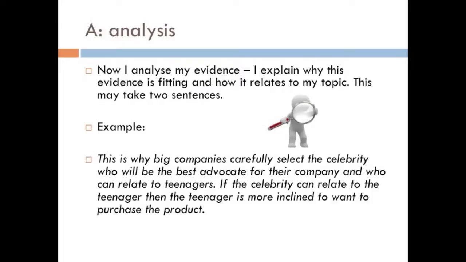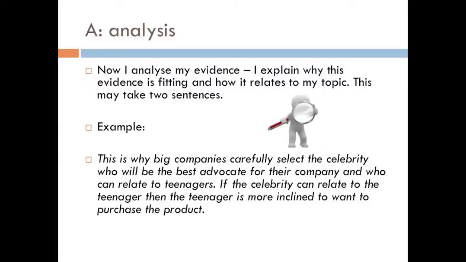So after you've got your evidence and you've put it in your essay, you need to analyse it. So that's what our A stands for, analysis. You need to analyse your evidence and say how your evidence is good, basically. You need to say, this piece of evidence backs up my claims because it says this. So it's a way of justifying the worth of your evidence. So here's my analysis, and this can take 2 sentences.